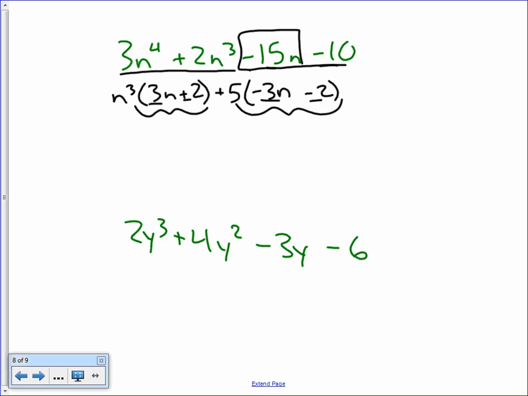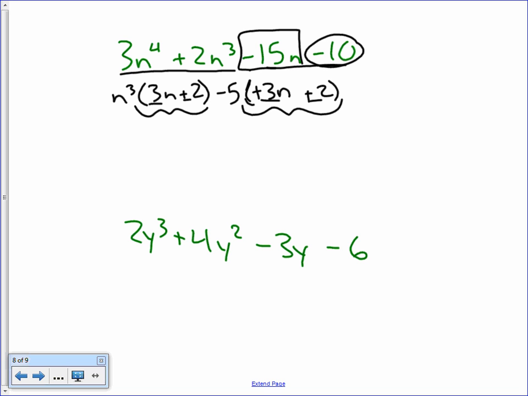So here's this little trick that you can do. Make the 5 out front not positive. Let's make it negative. And that causes this one to be positive in order to get a negative 15n. And this 2 will have to be positive in order to get a negative 10 here. So you can do it the way I did, or you could have just divided out negative 5 in the first place. So however you want to think about it.